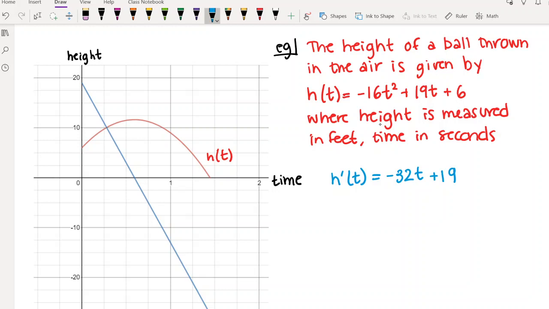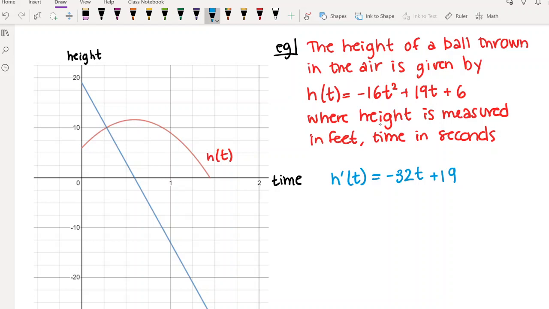You can think of velocity as being speed, except that usually when we use the word speed, we just use positive numbers. So you wouldn't say I was driving down the road at a speed of negative 30 miles an hour. You would just say I'm driving at a speed of 30. When we're talking about velocity, we're using it to describe both how quickly something's moving and also whether it's moving forward or backward.